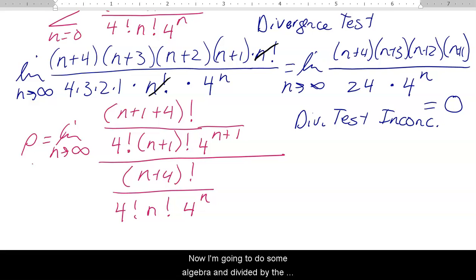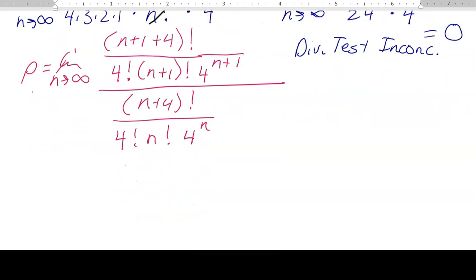Now I'm going to do some algebra and divide by the denominator fraction by multiplying by its reciprocal.